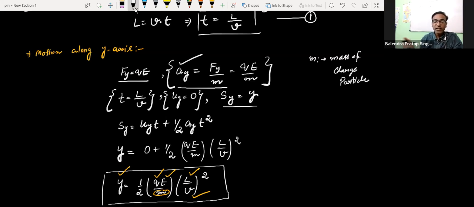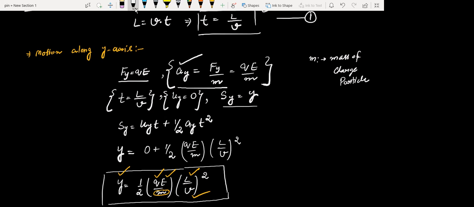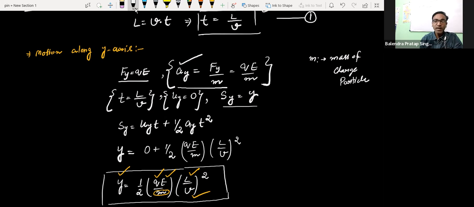You also know the initial velocity along the y direction. What is it? Tell me, Abdul Rahman. 0, sir. 0, exactly, because the particle is not moving along the y-axis initially. The total distance covered along the y-axis is small y, which you have to calculate.